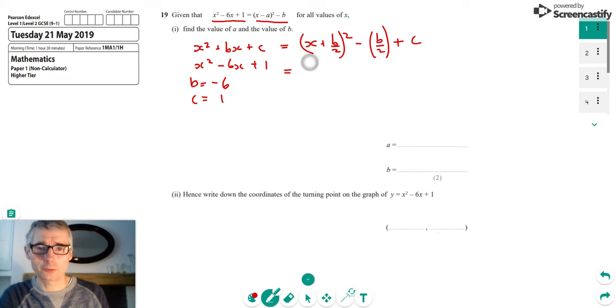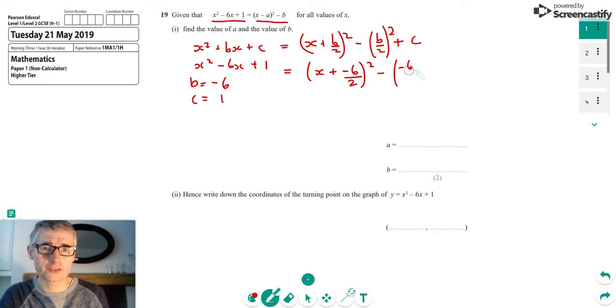So we can see we've got x plus, and then it's negative 6 over 2, replacing the b by the negative 6, and then minus, I just realised I missed off a square, there we go, that's a square in that formula, so minus negative 6 over 2 all squared, plus the value we had for c, which is 1.